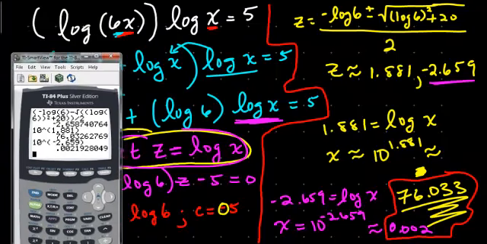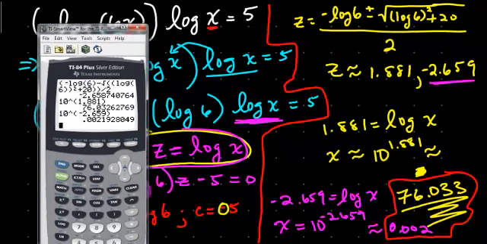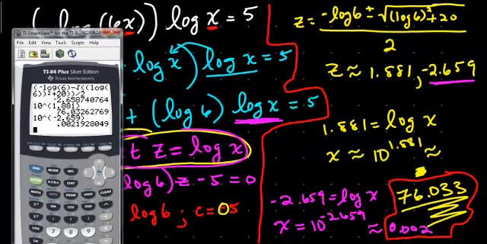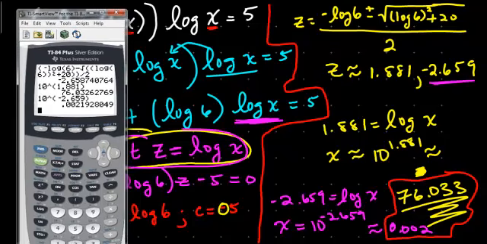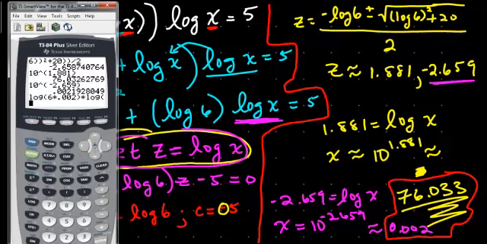So we're going to take the log of 6 times 0.002, and then times log of 0.002. It's not going to be exact because we did some rounding, but this should be about equal to 5.